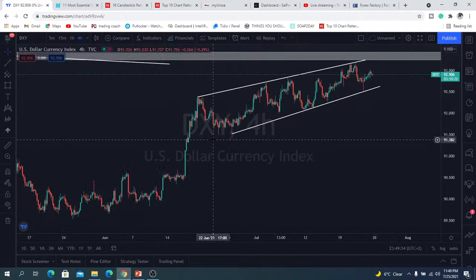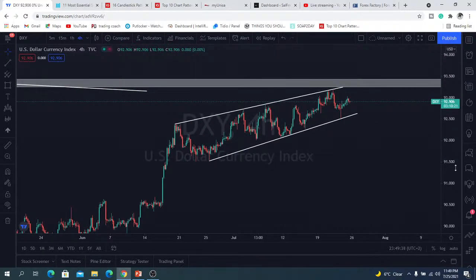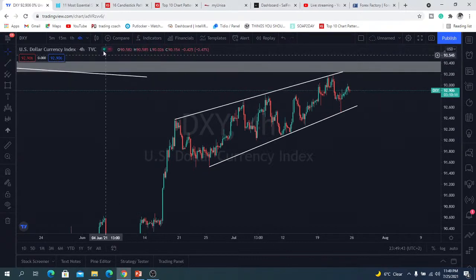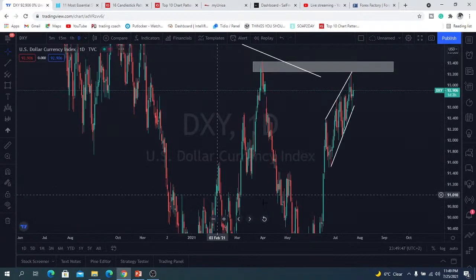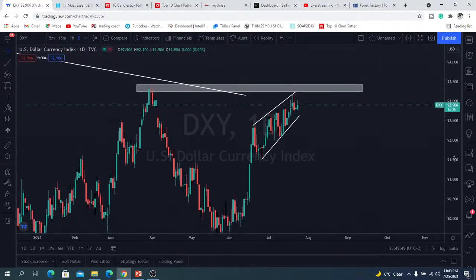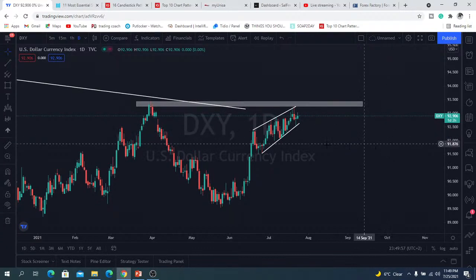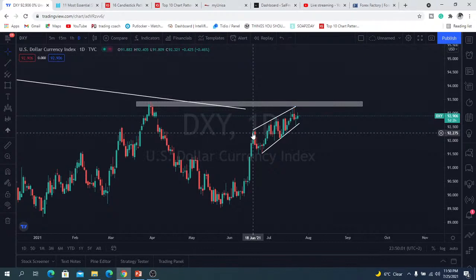So if you understand patterns, you will notice that this is a reversal pattern. We have this point right here, which I will take as my resistance. We had a move to the downside and an impulse move to the upside.